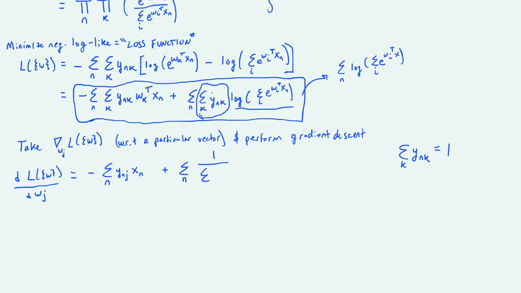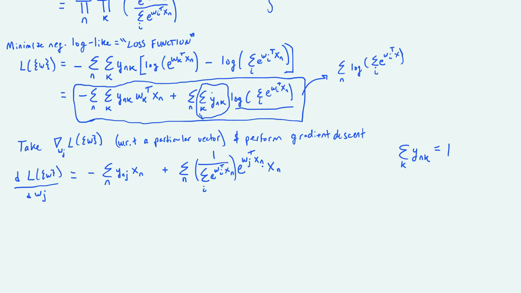So we'll take 1 over whatever's inside the log, first of all, the sum of e to the wi transpose x, times the derivative of that sum with respect to wj, and then times x, and these x's should have n's on them.